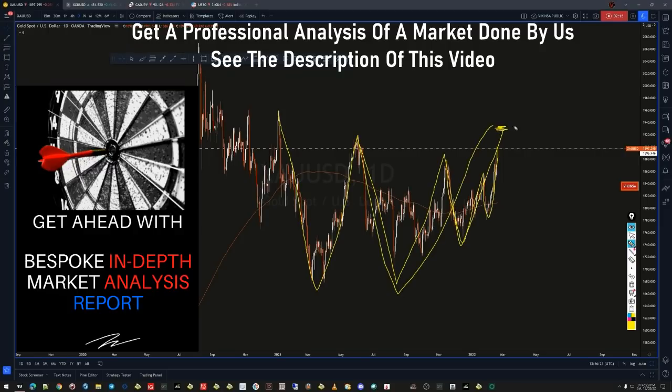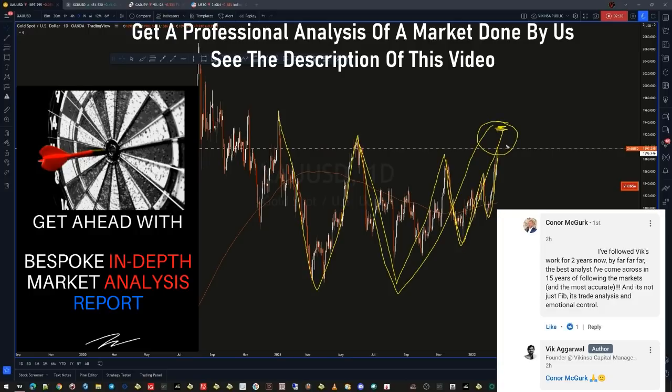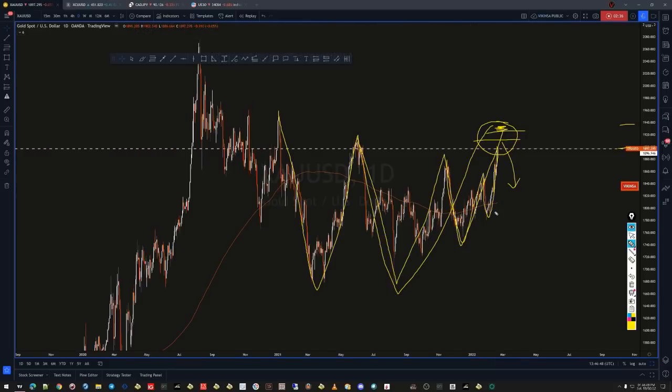This particular section here is very important for gold, because once the market has come into this zone, and I know this is a huge zone, but from a swing point of view, or on a multi-week or multi-month basis, this is a very important area, because from here it can start to take a downward journey.